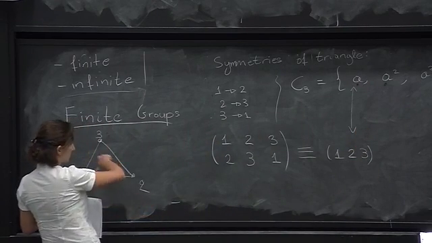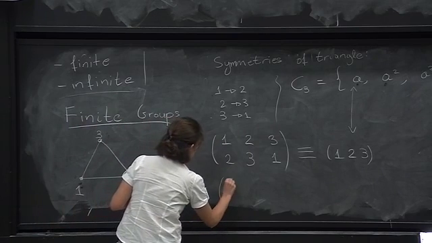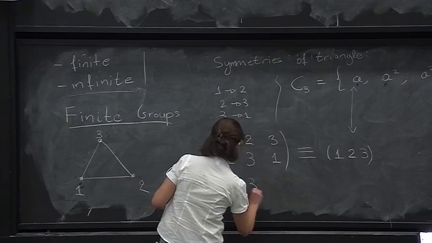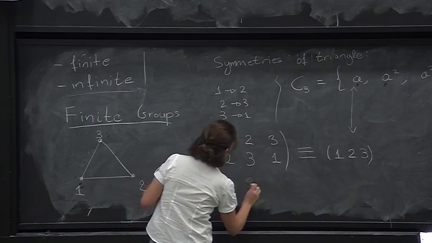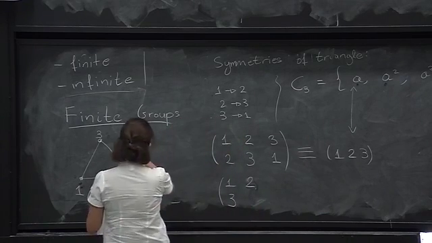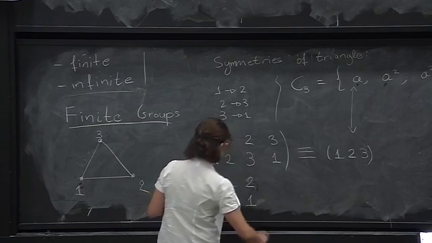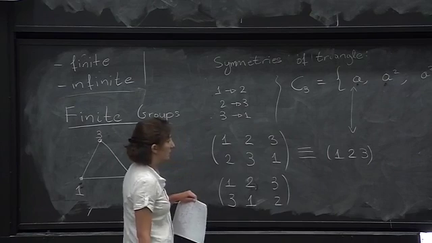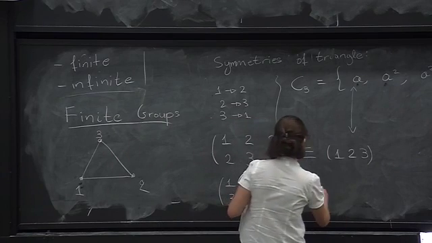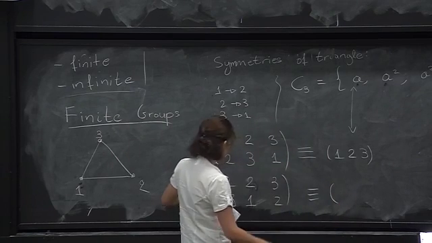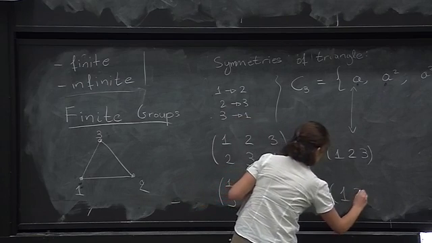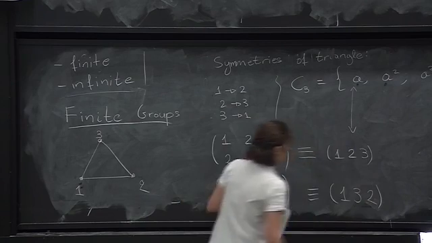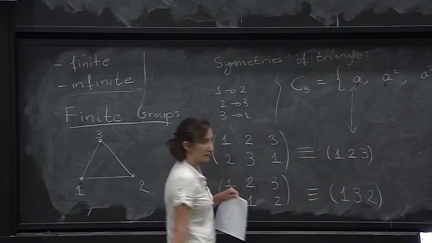How about the second rotation? This takes 1 to 3. It takes 2 to 1. And it takes 3 to 2. So in this notation, that would be 1 going to 3, 3 going to 2, and 2 going to 1.